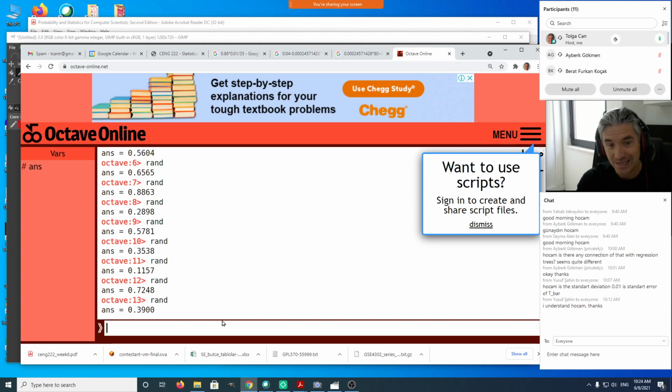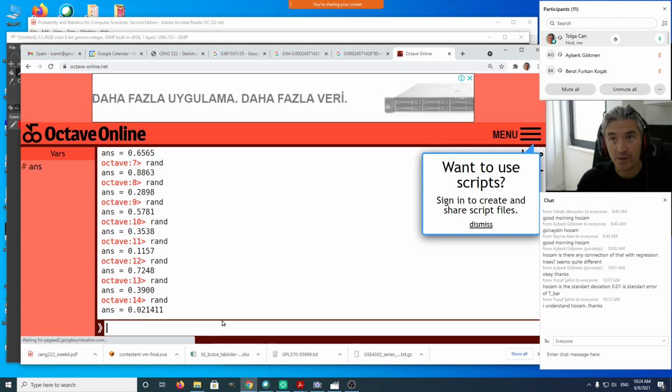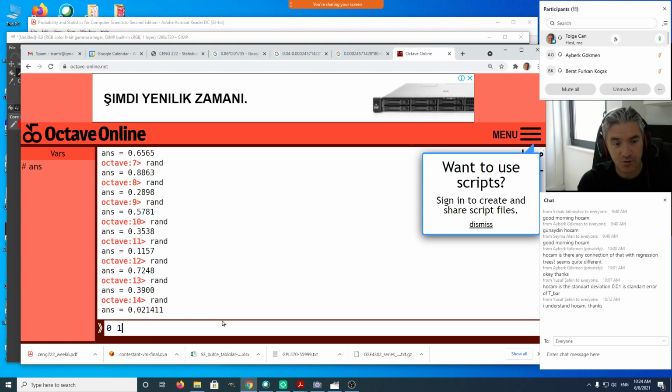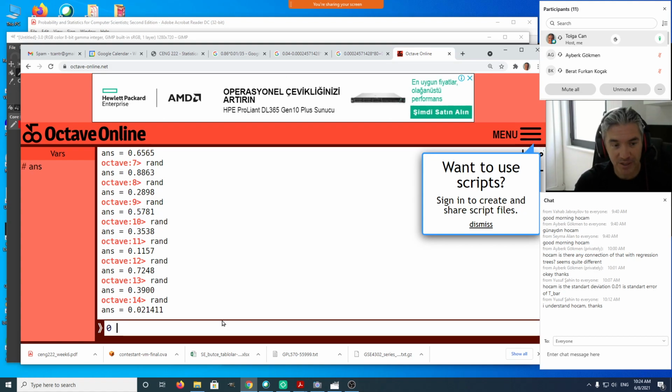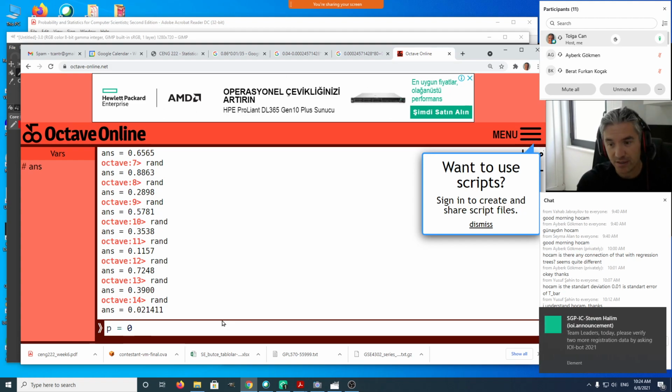By using these random numbers, for example, can you simulate a Bernoulli variable whose success rate is 0.8? A variable which just takes zeros and ones, sometimes 0, sometimes 1. I want that 0 or 1 to be generated with 0.8 success probability.